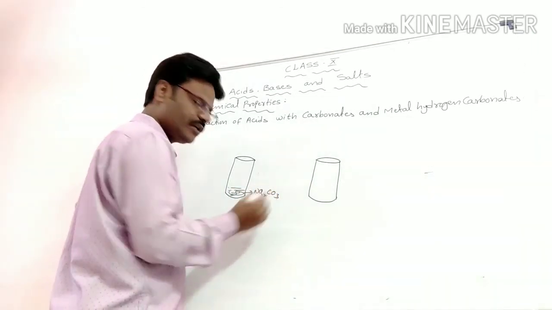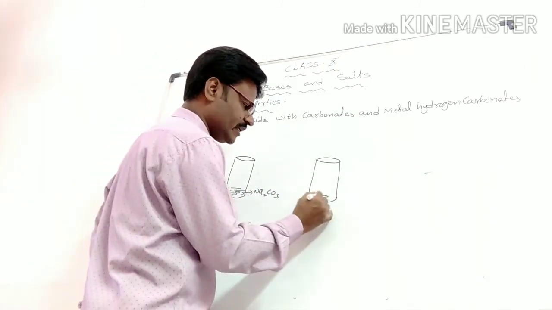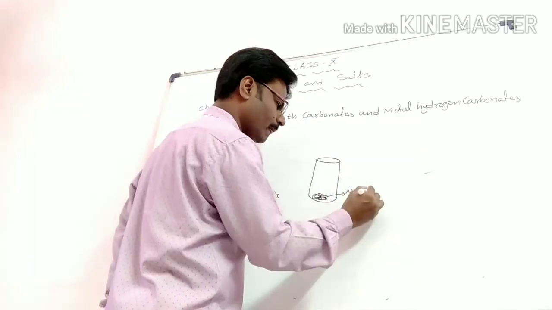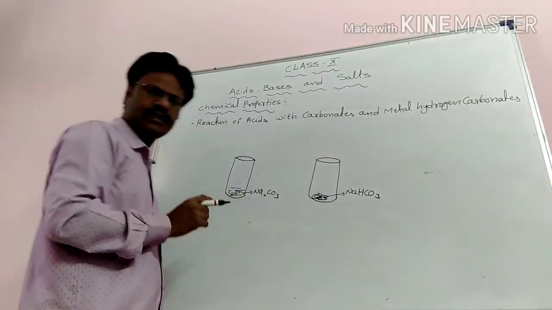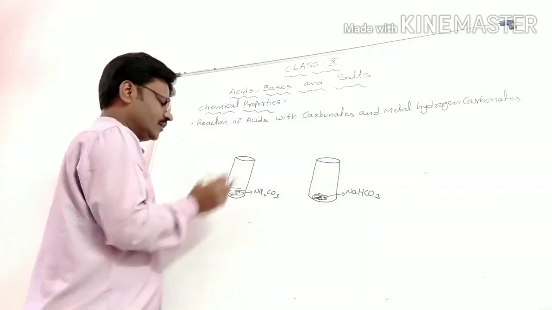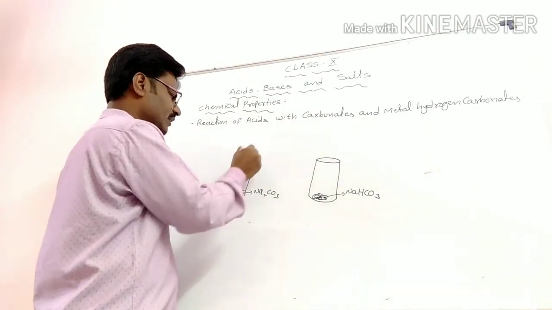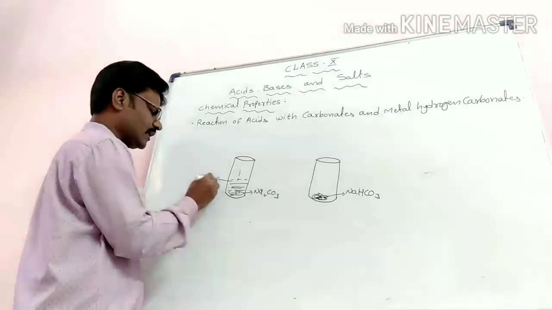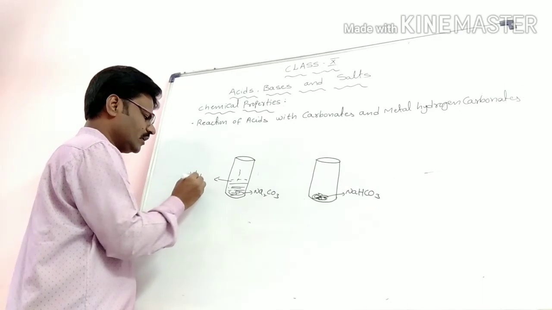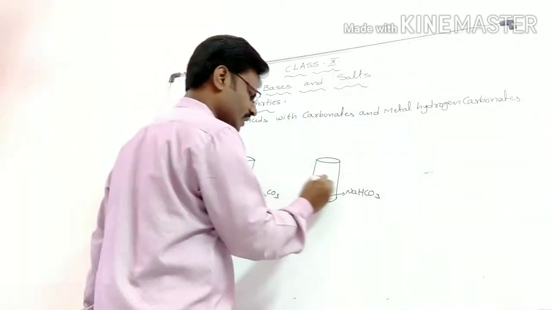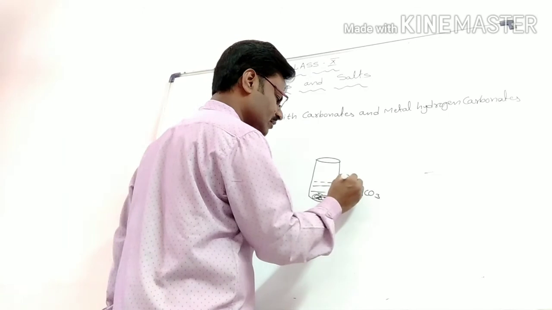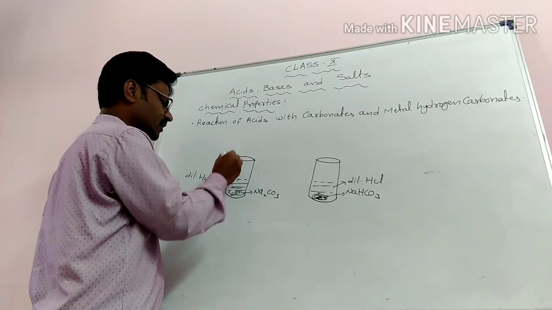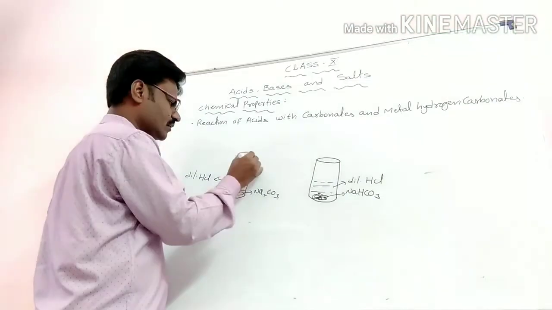In the second test tube I am taking sodium hydrogen carbonate. And we should add some dilute hydrochloric acid. Dilute HCl. In the second test tube also I am adding dilute hydrochloric acid. And the test tube is closed with a lid or cork.